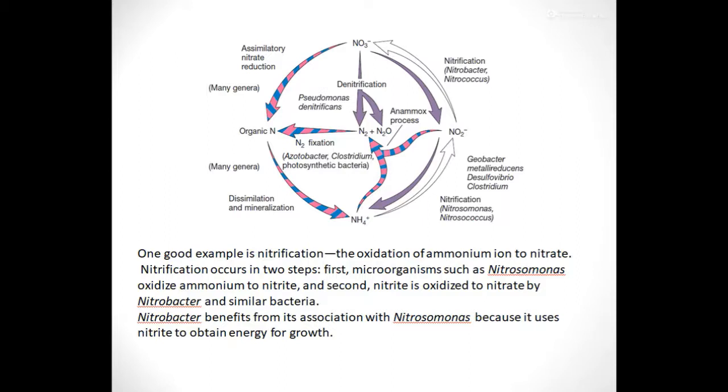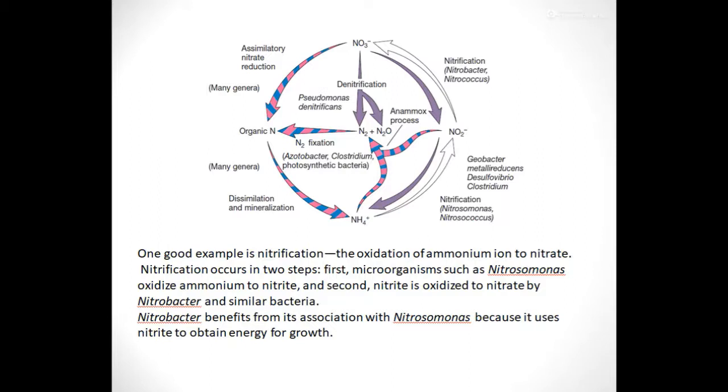The nitrite obtained from another organism can be utilized by Nitrobacter so that it can convert it into nitrate. So this is a case of commensalism in which one organism makes something and gives it to the other organism.